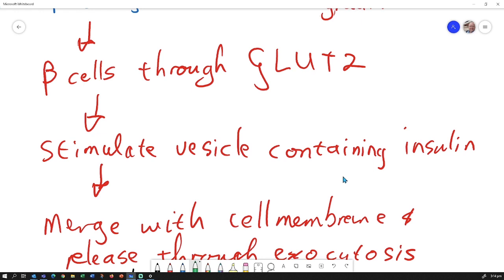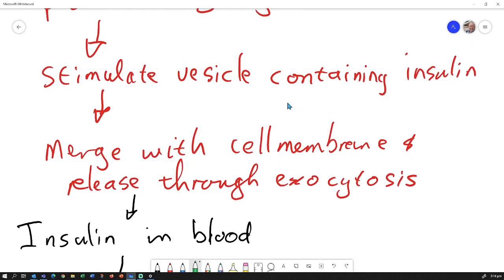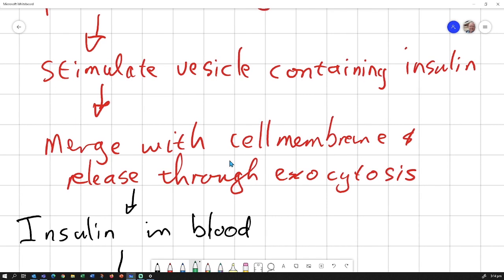So it's a little bubble made of membrane containing insulin that was made earlier so that you can have a rapid release of insulin. So as it merges with the membrane, we call that exocytosis. And that is how it then is released into the bloodstream. So the vesicle is stimulated to move to the membrane, merges with the membrane, and then it is released through exocytosis.